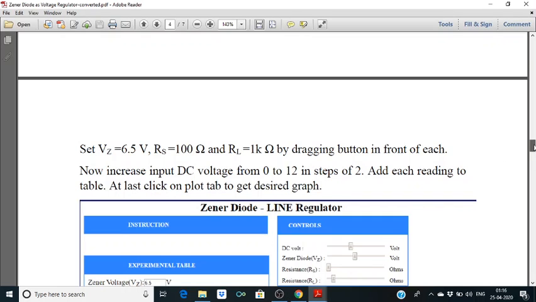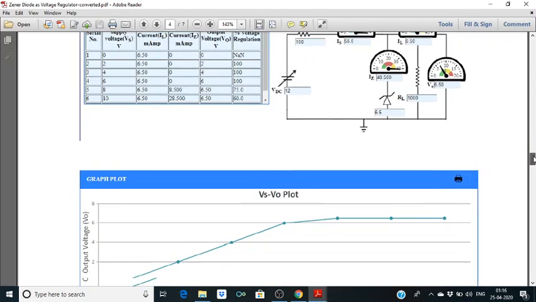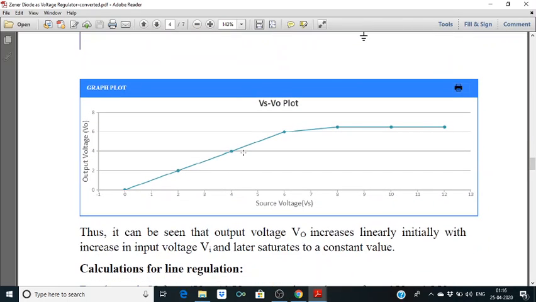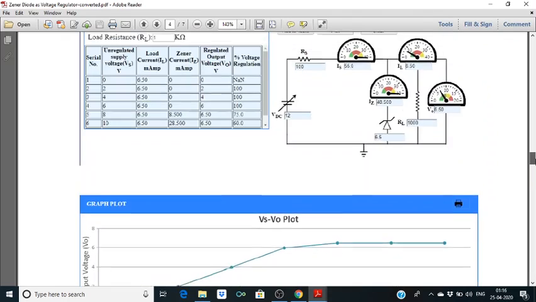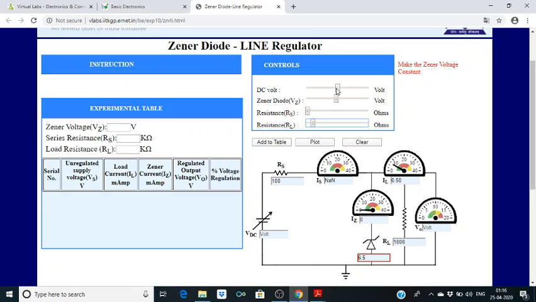Now we will change the DC voltage from 0 to 12 in steps of 2, and we will add each reading to the table and then at last click on plot table. So we should get a curve something like this. So suppose we have made it 0. Now add to table.